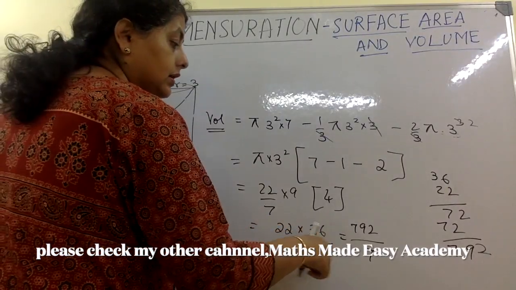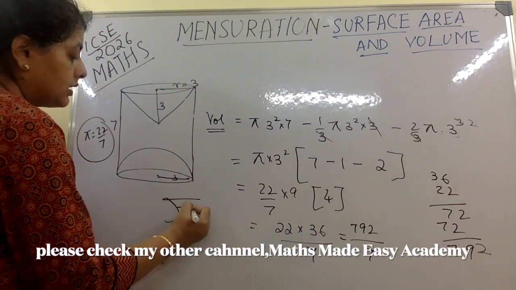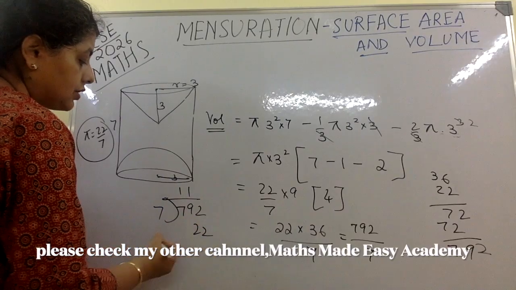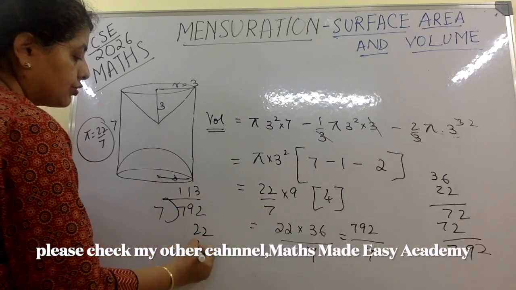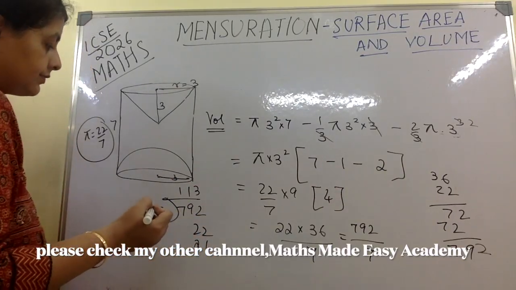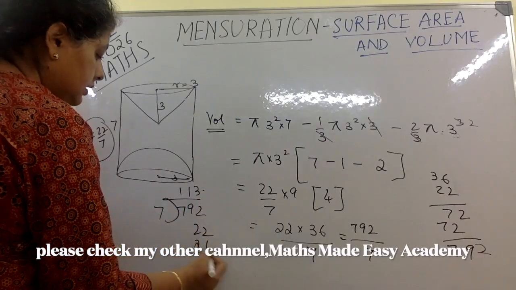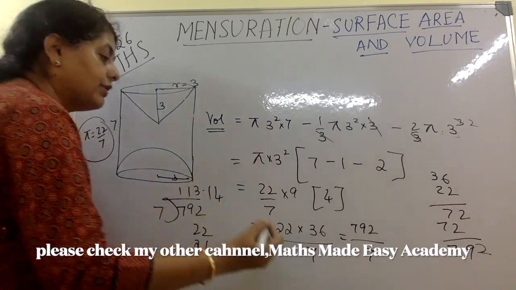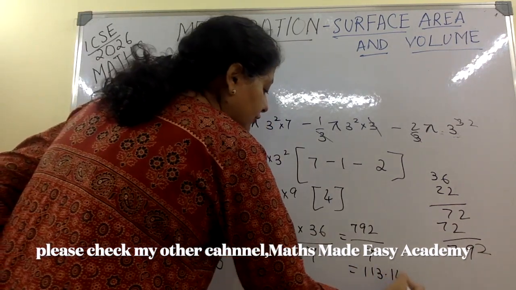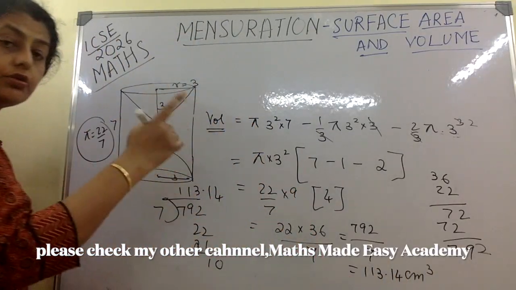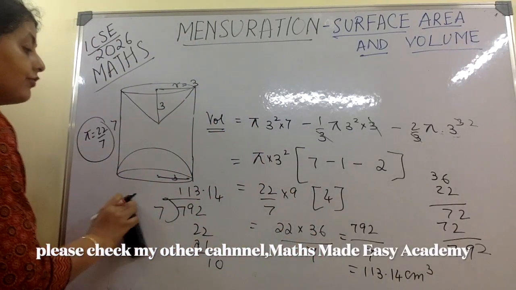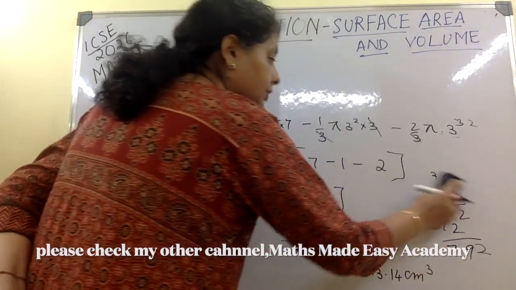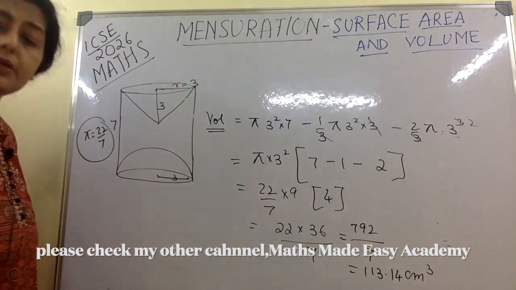You can divide it: 792, then 7, 1, 7 and 11, 7, then there's a 22, 7, 3 is 21, so 113.14. 113.14 centimeter cube. Remember, you are talking about volume, the volume of the remaining solid. So please apply these tricks, because if you are doing 36 first, you are wasting a little more time.